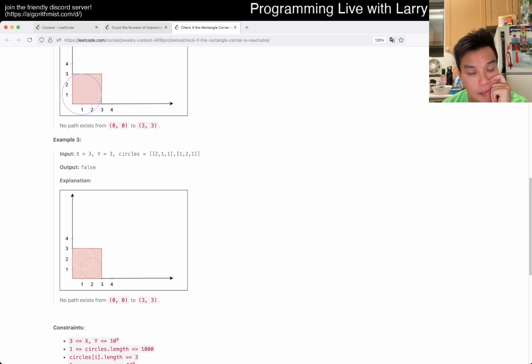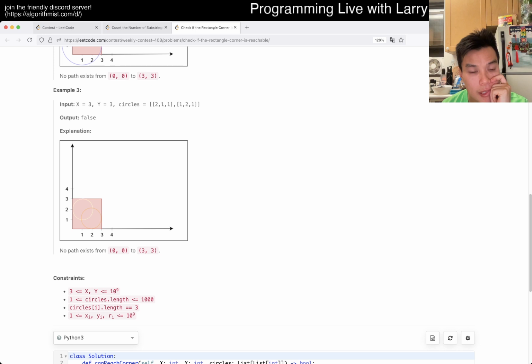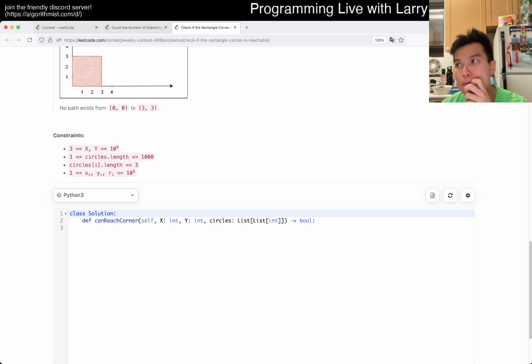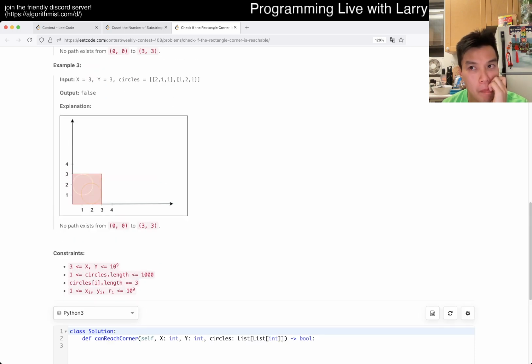Sweep line. There are 1,000 circles, so that means there's a million intersections, and you sort them. That's a little bit slow though. And also, we have, I don't know.